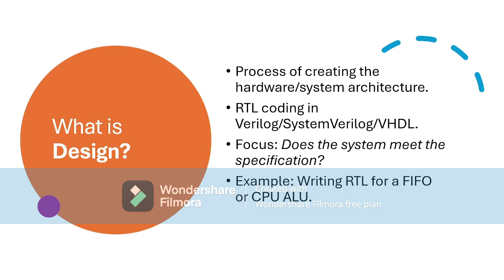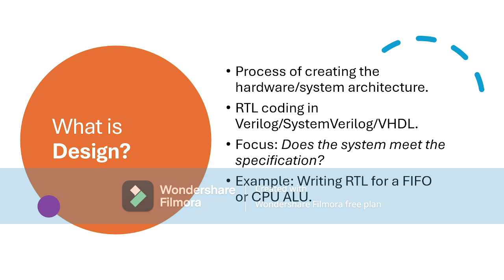Suppose I take a CPU ALU. There are some components in that, right? We have a Verilog code for which we are going to check the specification. If it is meeting the input and output, then it is fine.